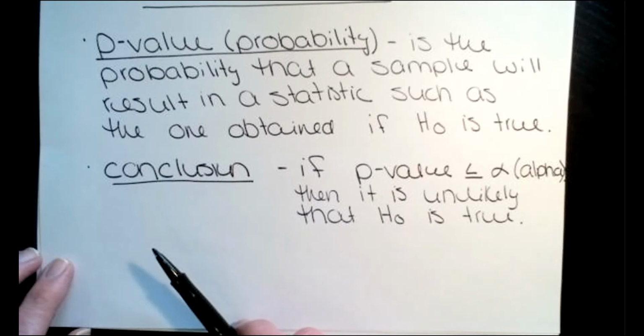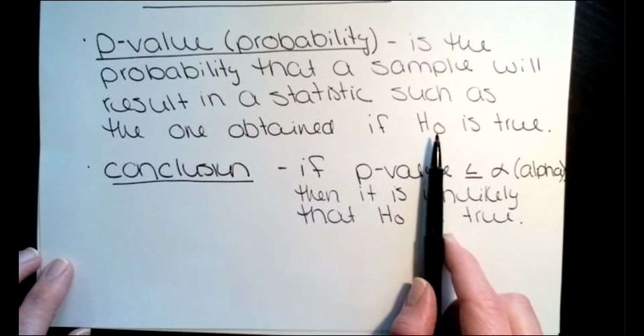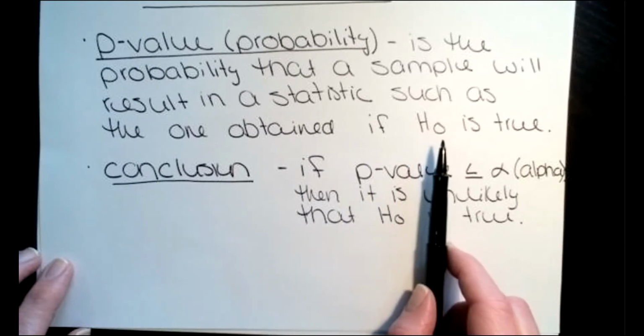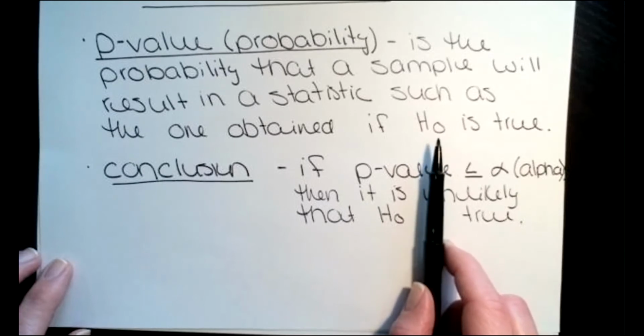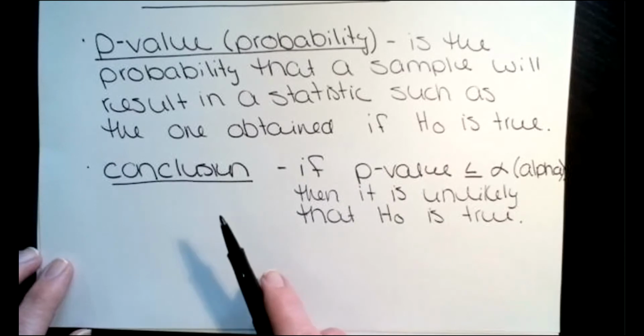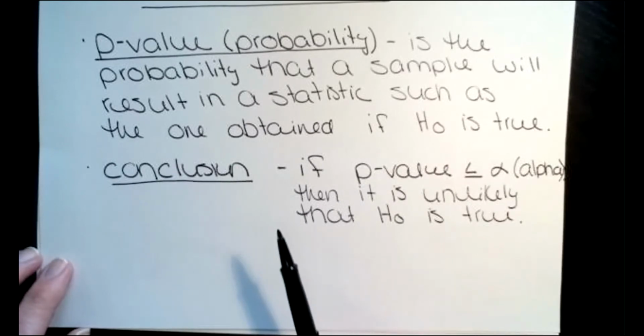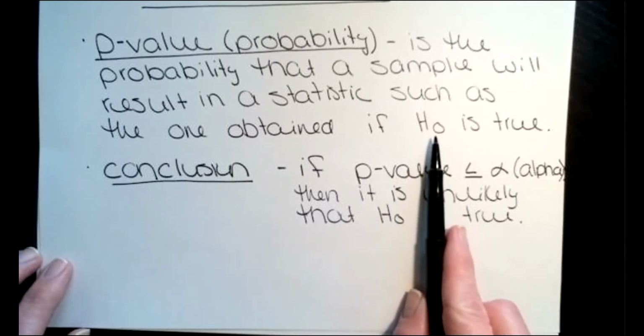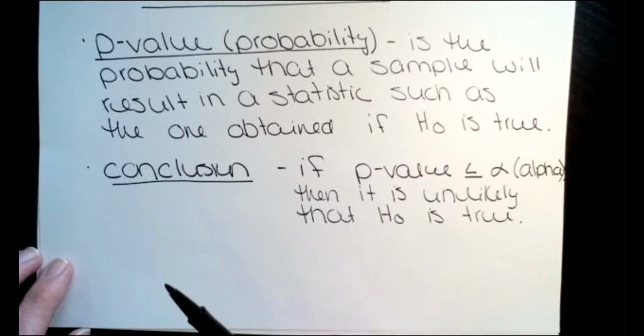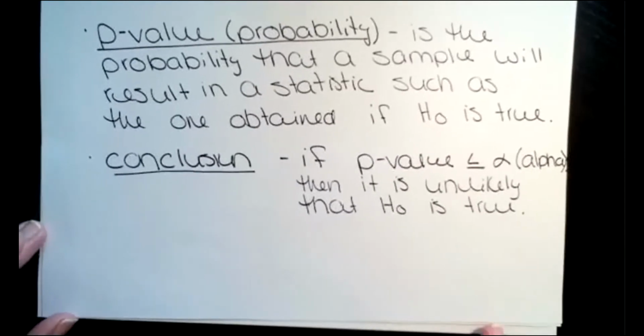Maybe the center is something different, something less than or greater than, like what we're stating in our HA. And that's our conclusion. So that's the idea behind it. If my probability is small, then maybe my null is not true. Maybe that common view shouldn't be the common view anymore. And the new idea should be that view.